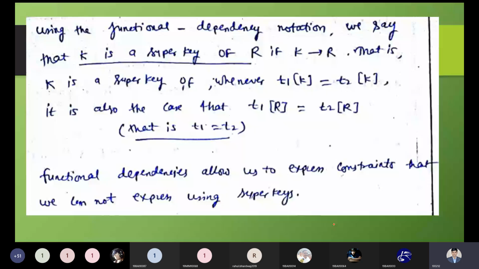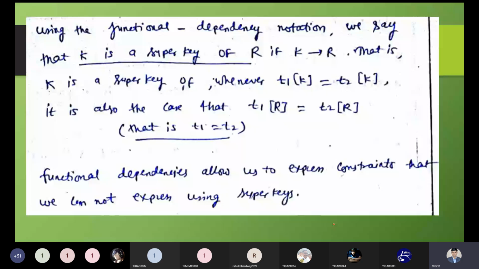In the super key, there is no guarantee, you can say uniqueness will not be applicable. But in the primary key, you always have to use the uniqueness. So there's no guarantee in the super key or candidate key about what value we have, or if we have a set of values, or the domain.